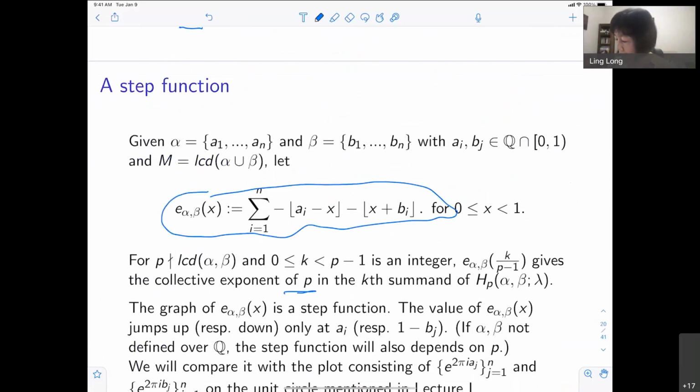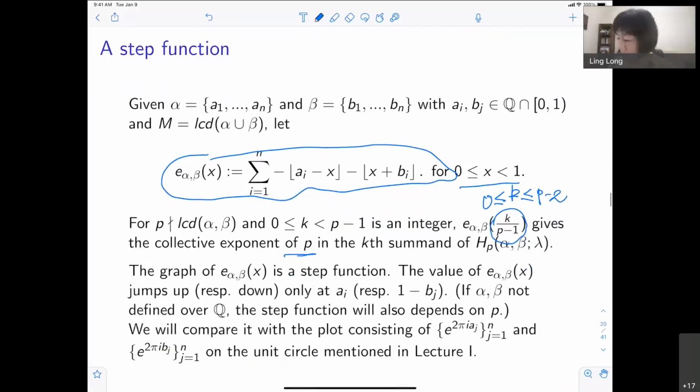If I normalize k between 0 and p minus 2 to make it within the range 0 to 1, the collective power can be described by a step function. The x value goes between 0 and 1 because of the normalization, and the value I get is between 0 and less than 1.